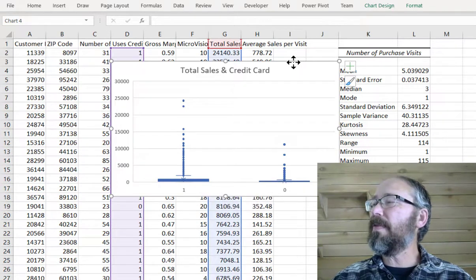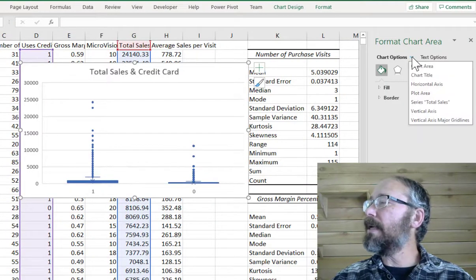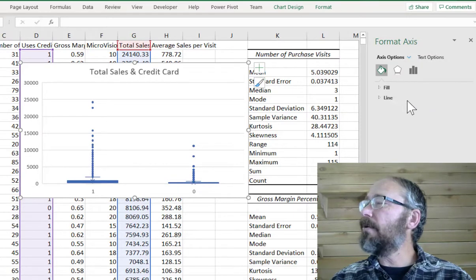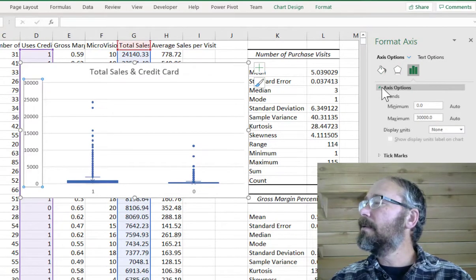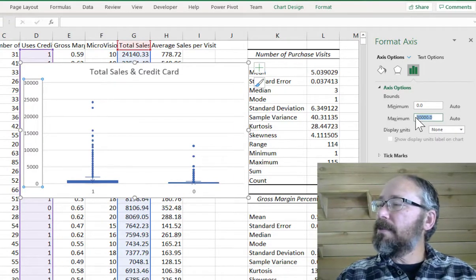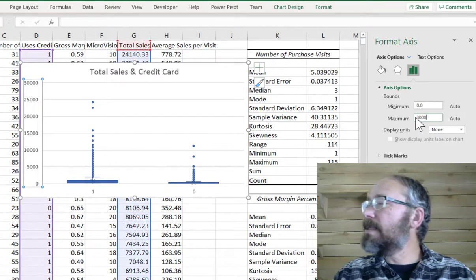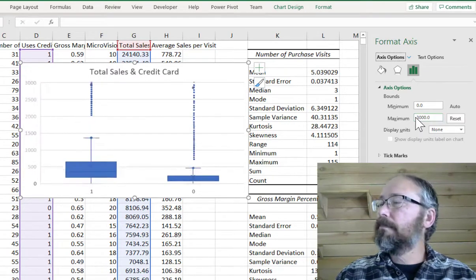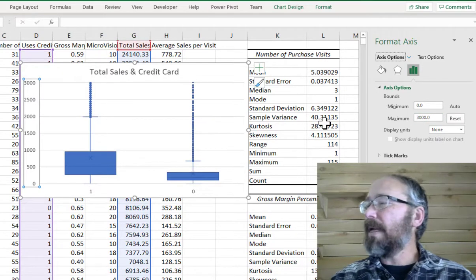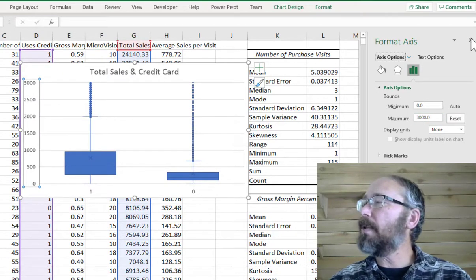We can adjust that. Let's go into our settings and adjust our vertical axis to maybe 3,000, I'm guessing here. Yeah, that gives us a better picture of our box plot.